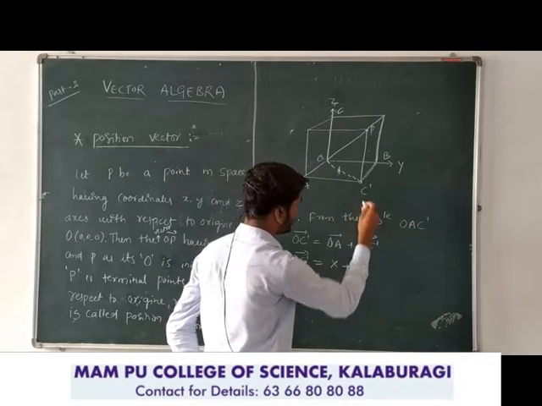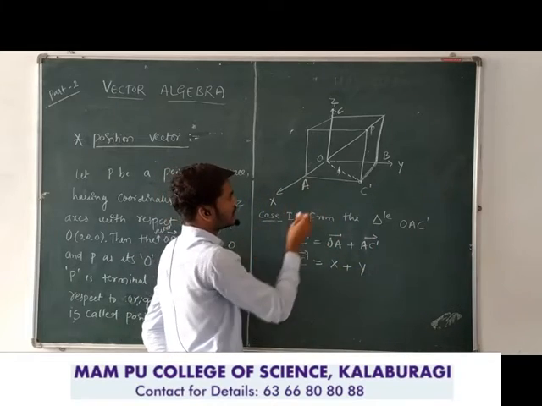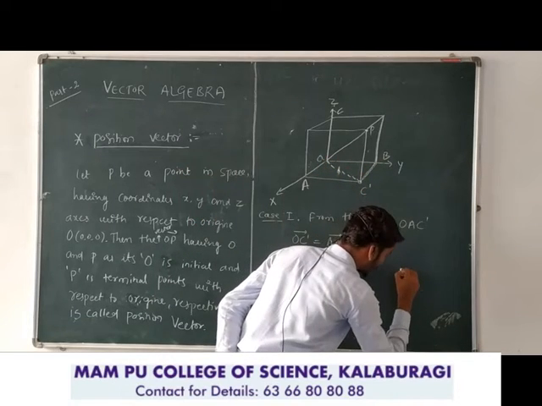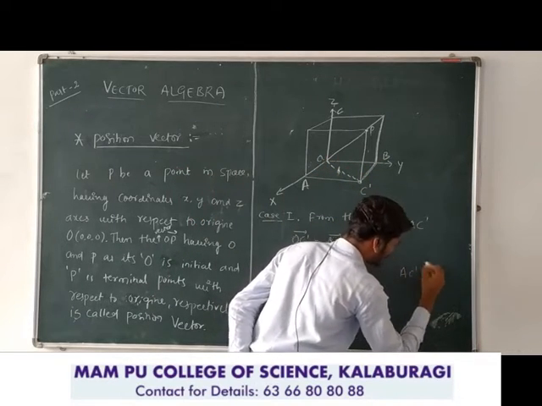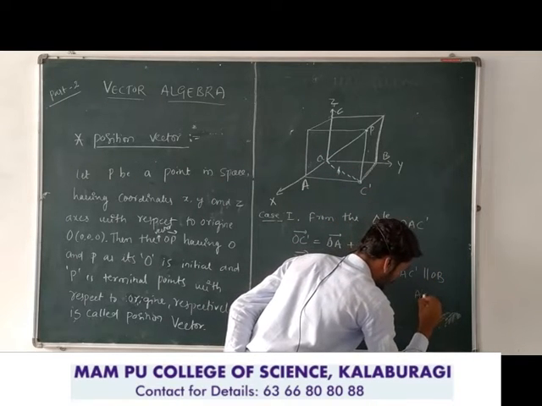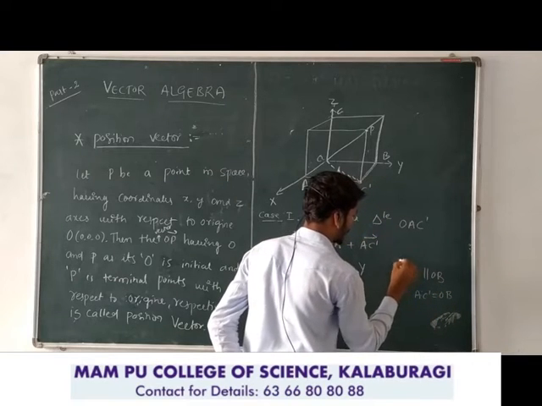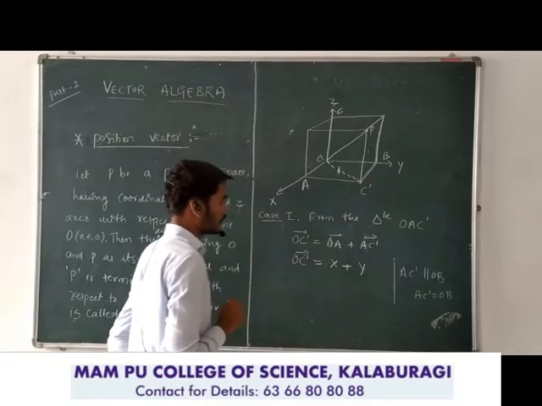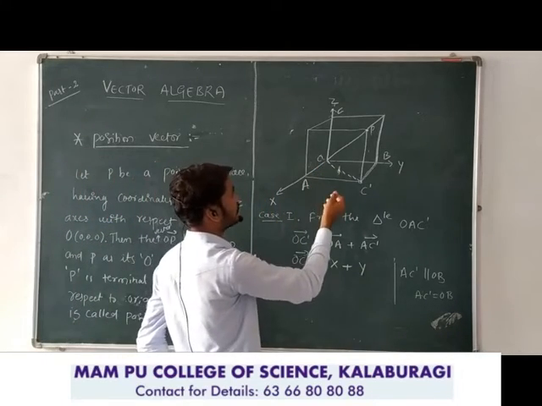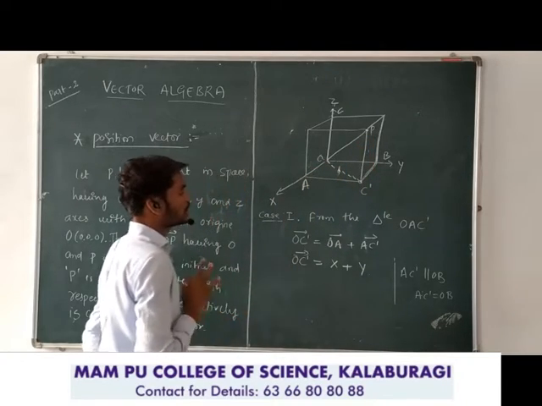AC I will write y, because AC is parallel to OB, or AC is equal to OB. Similarly, we can consider one more triangle, that is O C dash P.